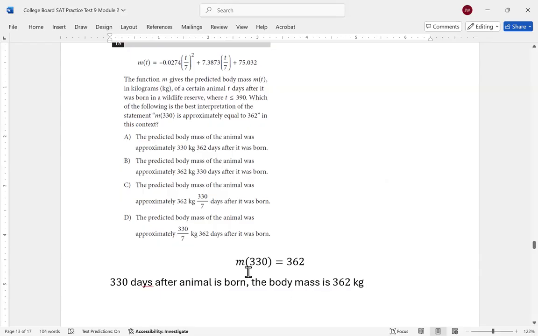So when you plug in 330 into t, t stands for number of days after it was born. 362 is the output of body mass, and so that's what it's telling us. So we just look at the most appropriate option there, and that would be B. The predicted body mass of the animal was approximately 362 kilograms 330 days after it was born. So B is the answer to question 18.